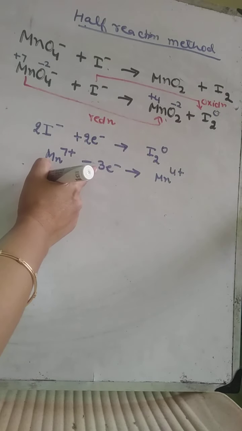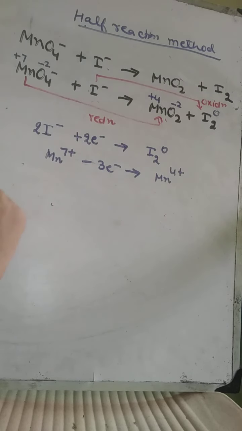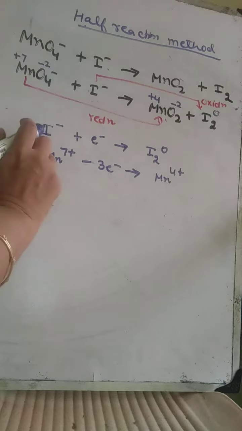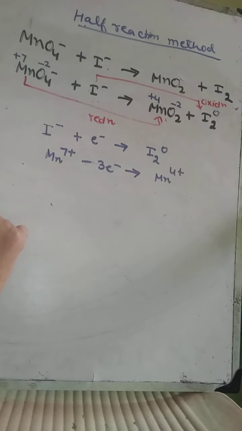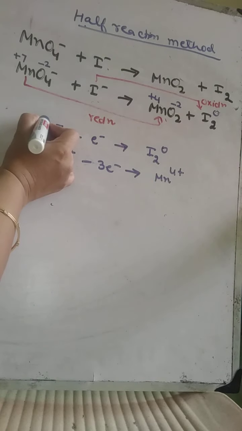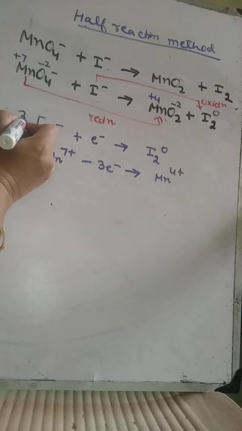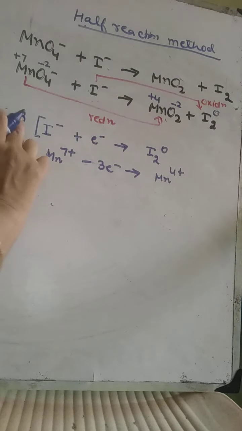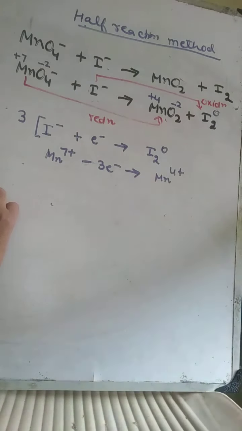Now here I got 3 electrons and here I got exchange of 2 electrons. For convenience, I will not balance the iodine first. First I will balance the charges. So I will just multiply equation number 1 with 3. When I multiply the whole equation with 3, then my number of electrons will get balanced.